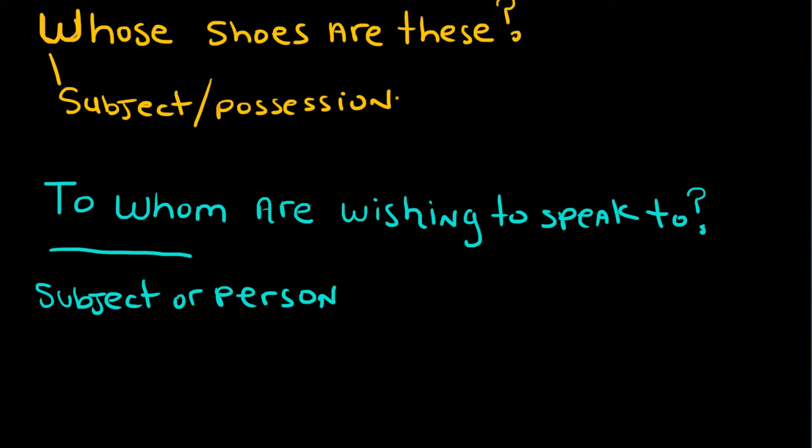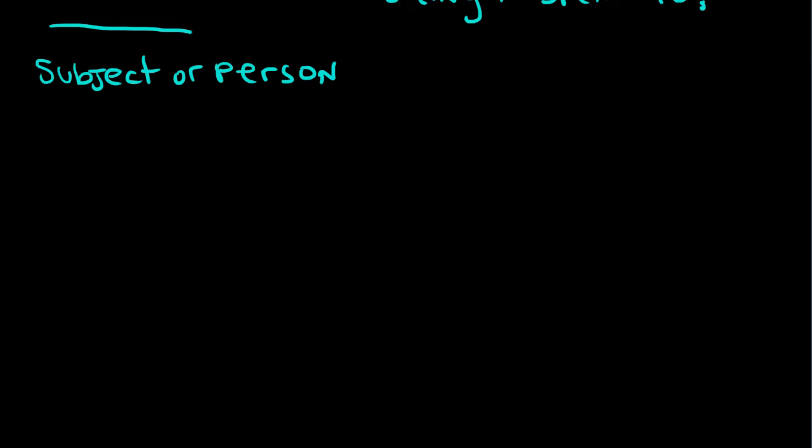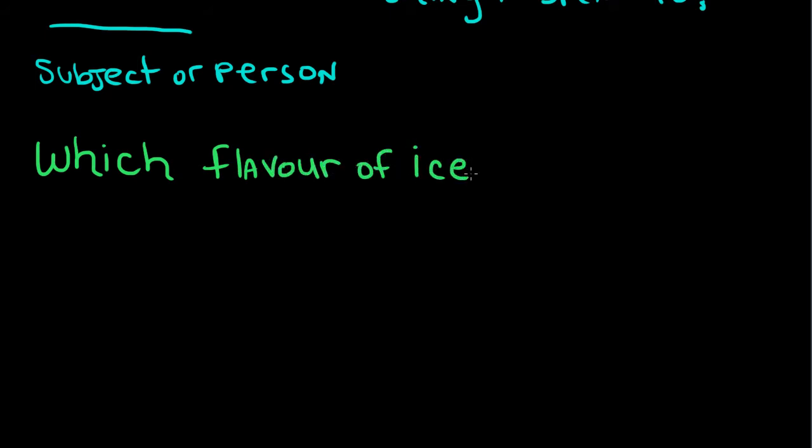And then we also have which and how. Now we use which when we ask questions when we have a choice between several different things. Which flavor of ice cream is your favorite?